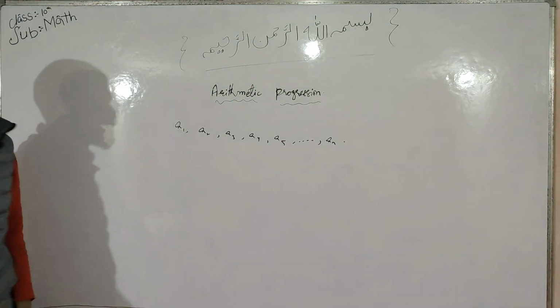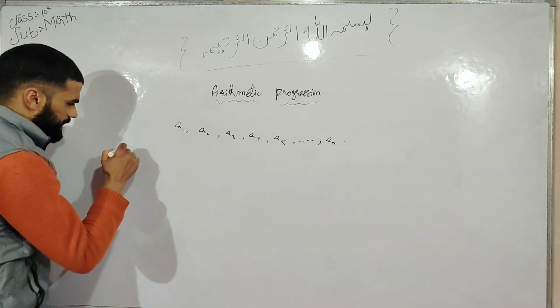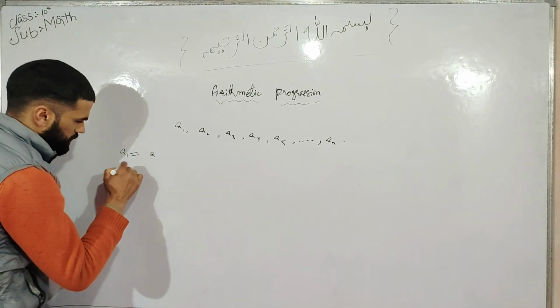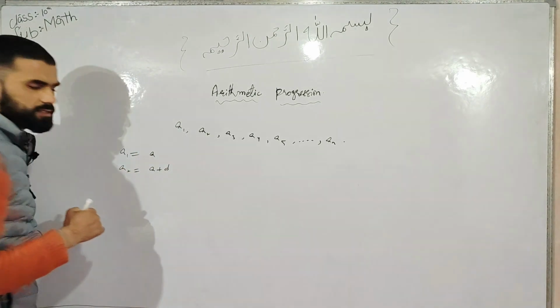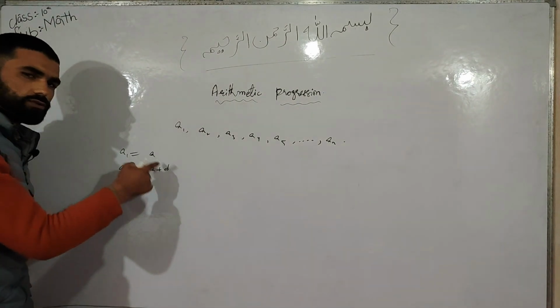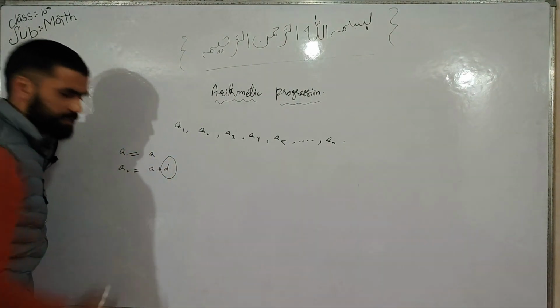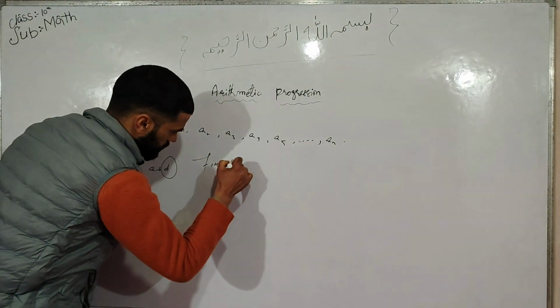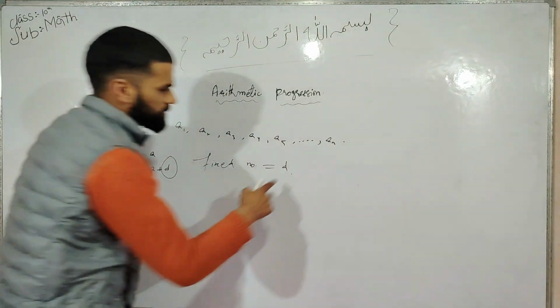This is the general term of the arithmetic progression in which this first term a1 is a, and a2 is a plus d, because we are adding a fixed number to the preceding term, and the preceding term is a, and the fixed number is d. Here the fixed number is d, and it is known as common difference.